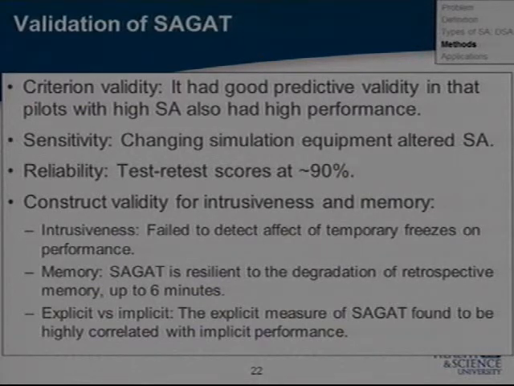This measurement technique is very popular because it's well validated and effective, but the drawback in using it in a team-based situation is that it's very difficult, again, to freeze the team-based scenario. Also, you may have difficulty in measuring implicit information.